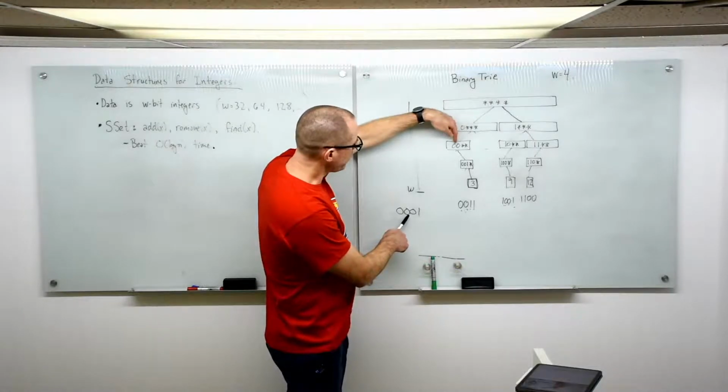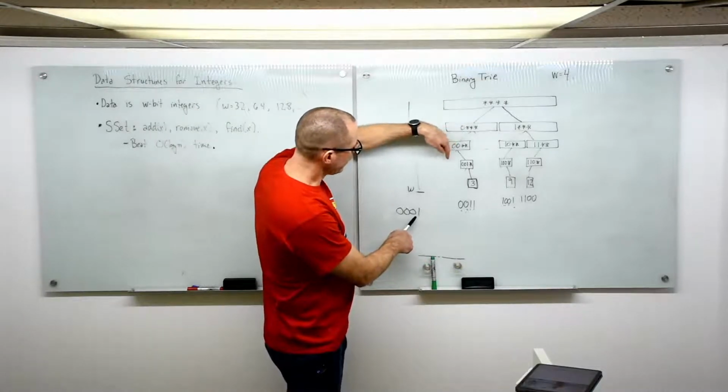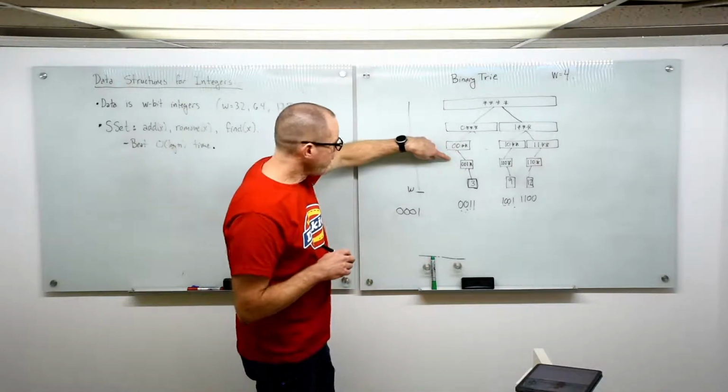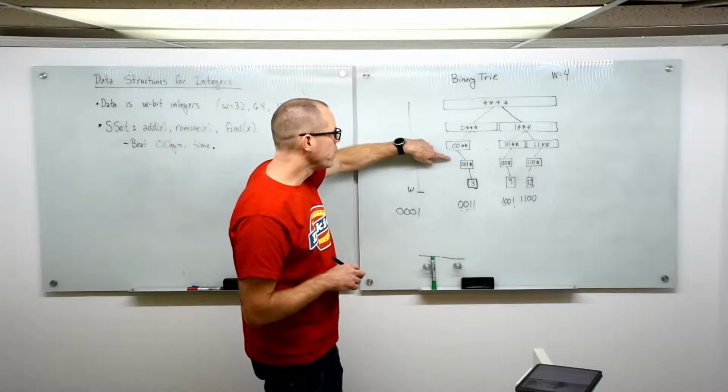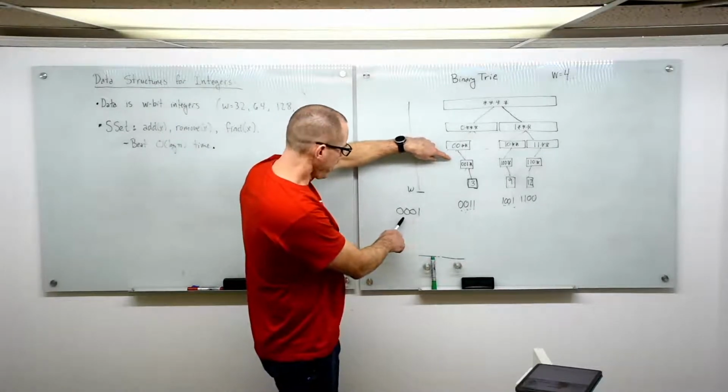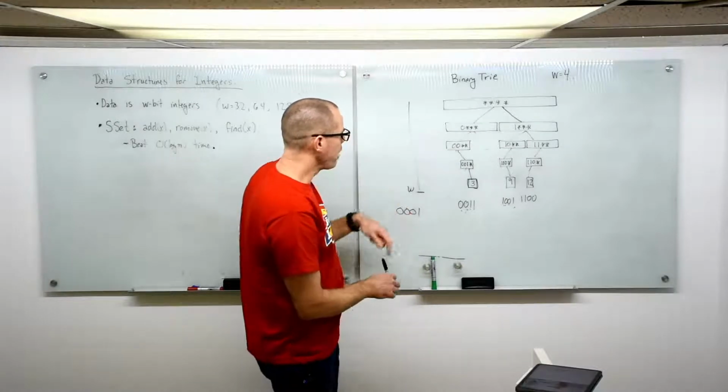I need to go left because the next thing is a 0. I need to go left again because this is a 0, but there's no node there yet. And that's just because currently there's nothing in my set that starts with 0, 0, 0. And if I want to insert this, that means I have to make that node.